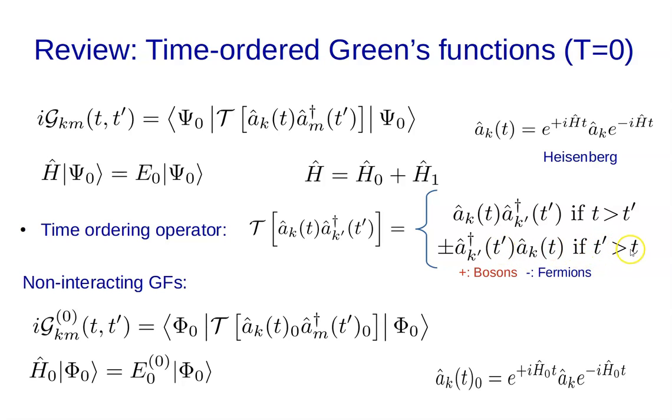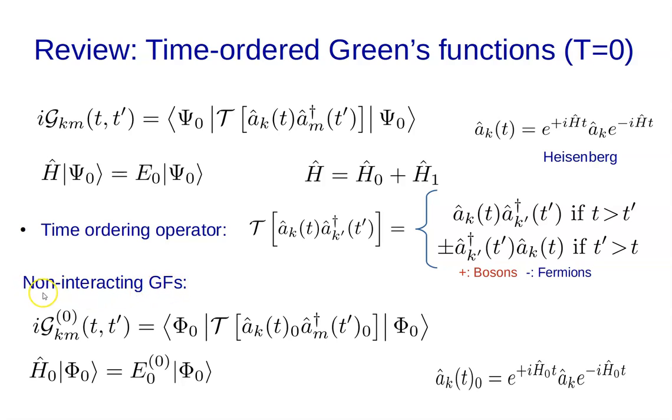So every time you have to reorder terms because one of the times is larger than the other, you need to exchange two of the operators, and you get a minus sign if these operators are fermionic. This is an important point, and we'll see that these minus signs do appear in the Feynman diagrams as well.